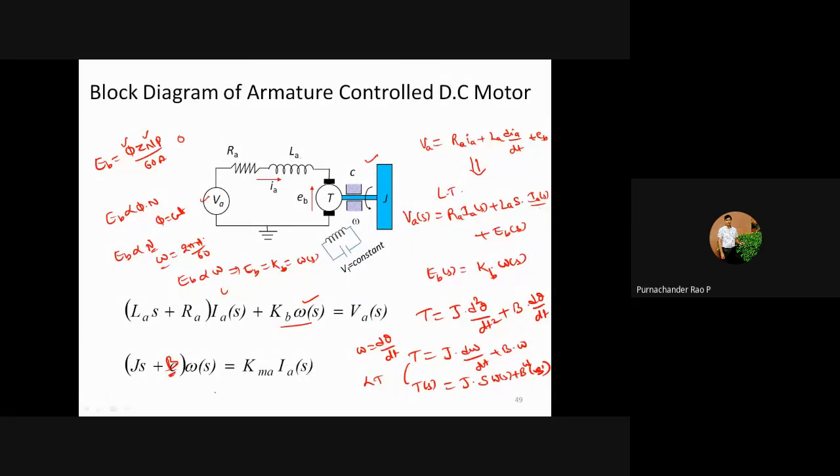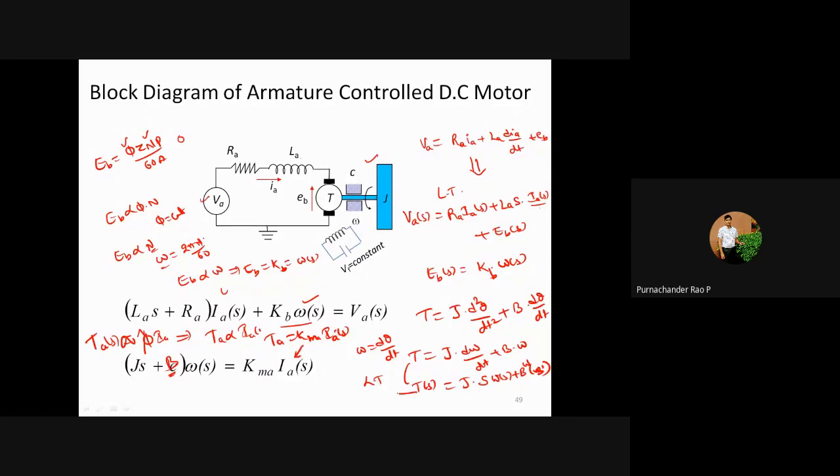So your torque, as for the DC motor, TA of S is equal to flux into IA, and your flux is maintained constant, and therefore your torque TA is proportional to IA. Okay, and this proportionality constant we are calling KMA into IA of S, and that's why this equation is represented like this.